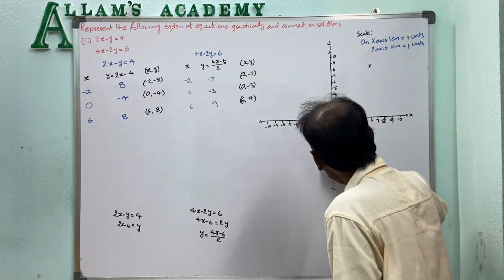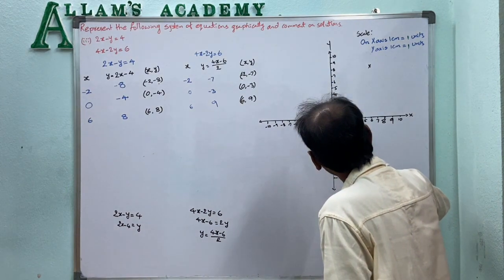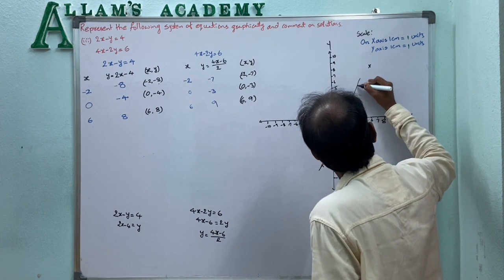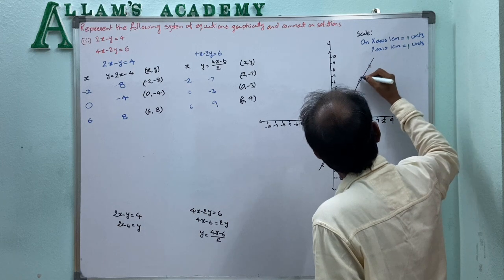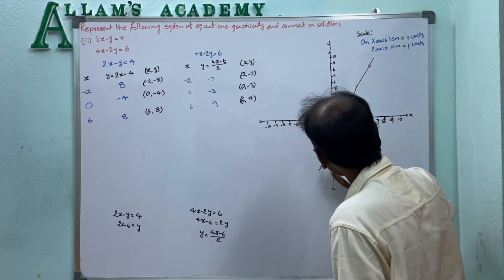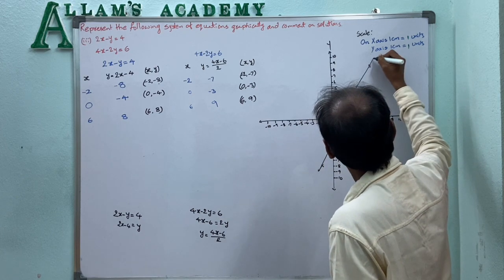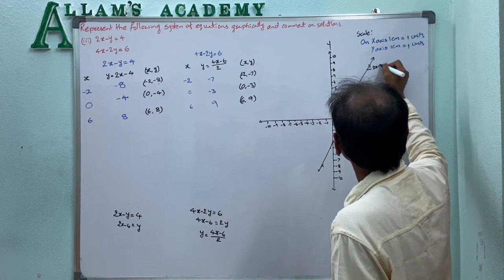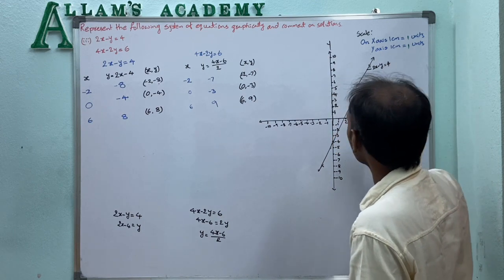If we join these points, we get a straight line, that is 2x minus y equal to 4.